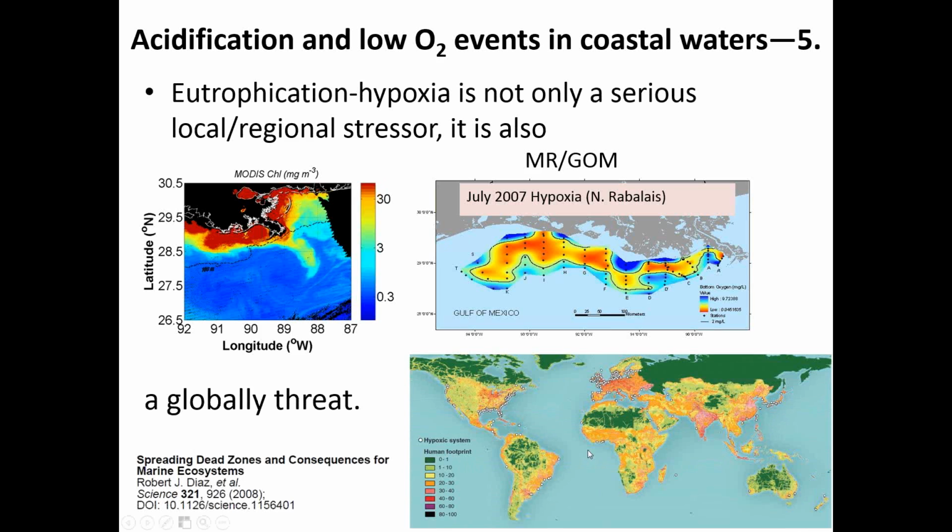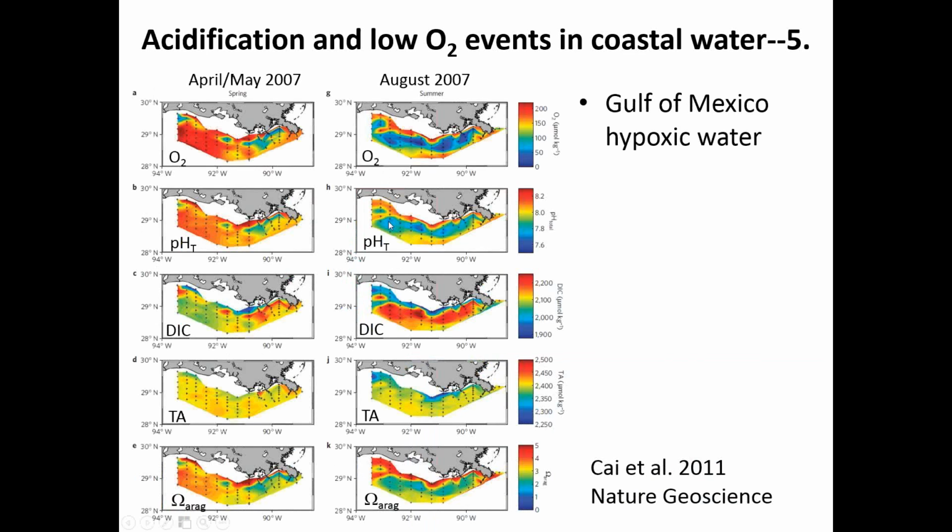Globally, these low oxygen events occur almost everywhere. What I show here is oxygen, pH, DIC, alkalinity, and saturation state in August 2007. You can see in this northern Gulf of Mexico, this extended area of low oxygen corresponds very well to this pH, and this is similar to that St.